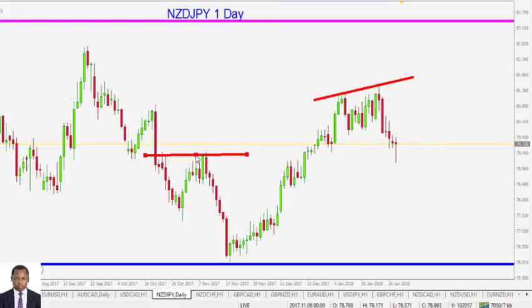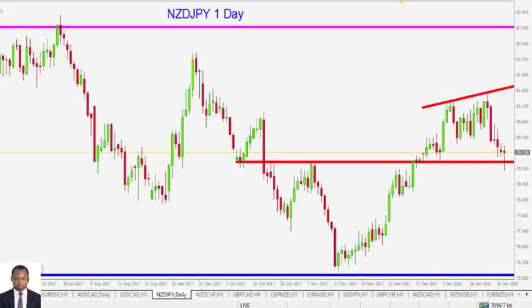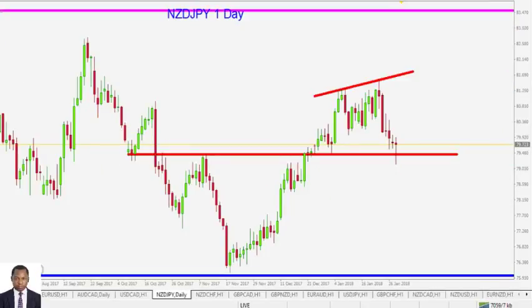Let's redefine this level. We can keep our previous level here. All right, so that is it.